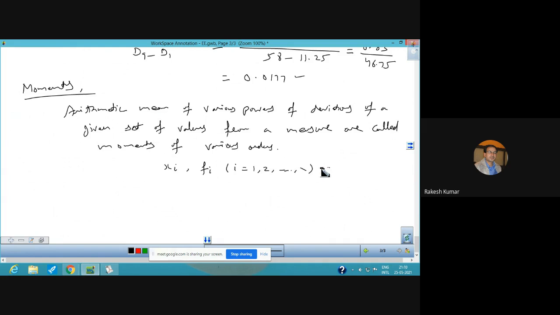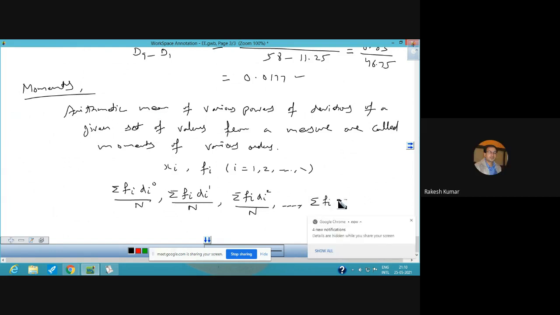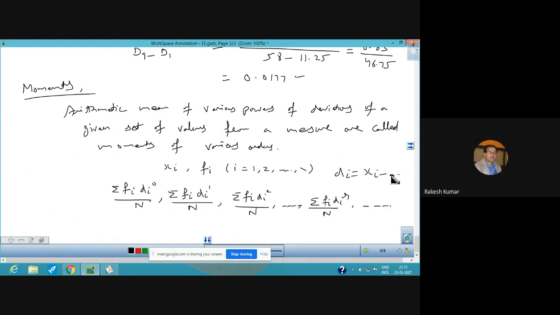Then we can say that sigma fi di raised to power 0 upon capital N, then sigma fi di upon capital N, then sigma fi di raised to power 2 upon capital N, and so on, sigma fi di raised to power r upon capital N, are called moments of various orders, where di is the difference between the x values and the assumed mean.